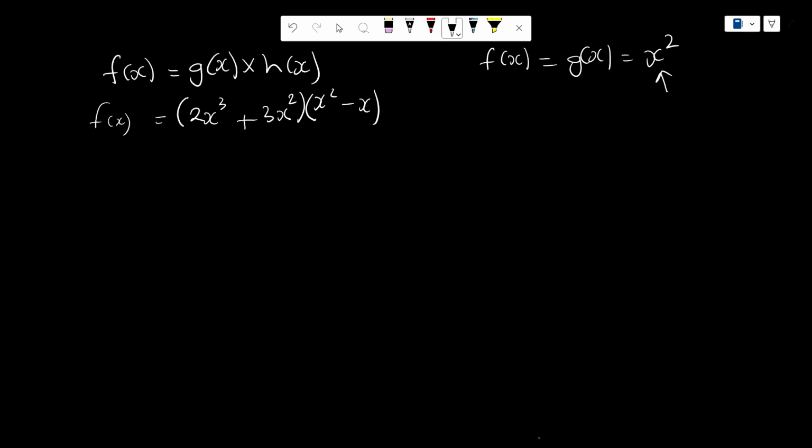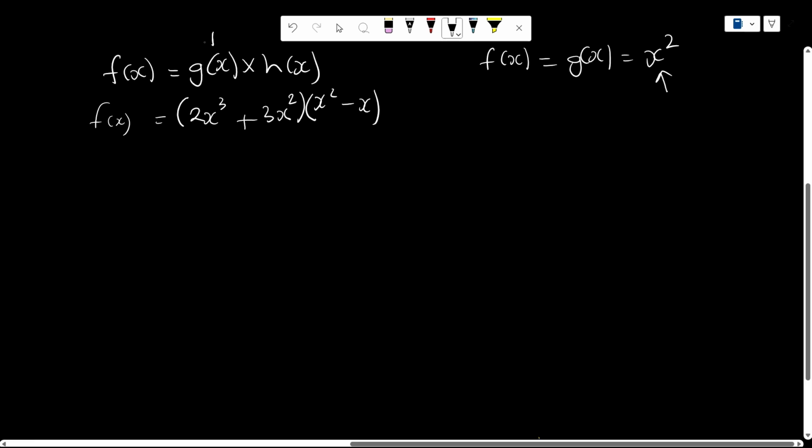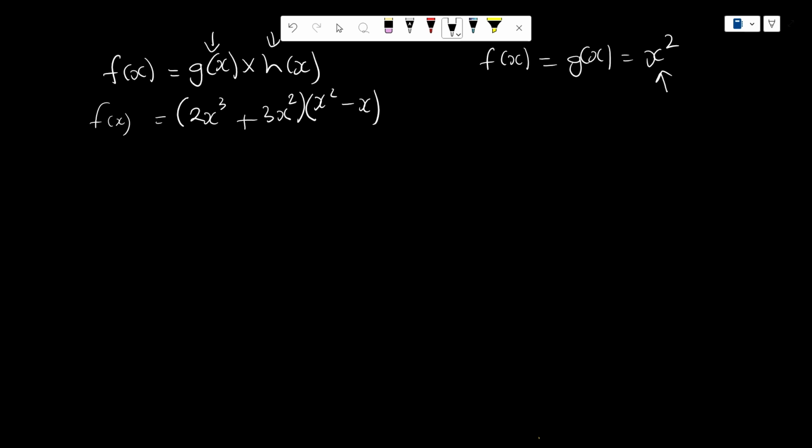So the product rule now comes in to make it easier for us to differentiate two functions that multiply each other, right? It will help us to differentiate this in simple terms.